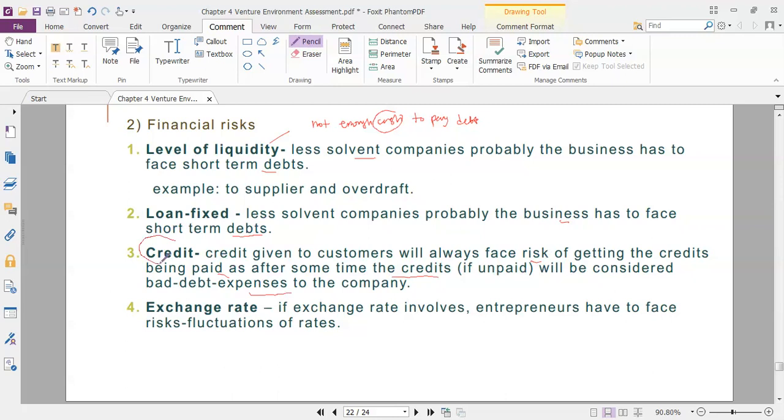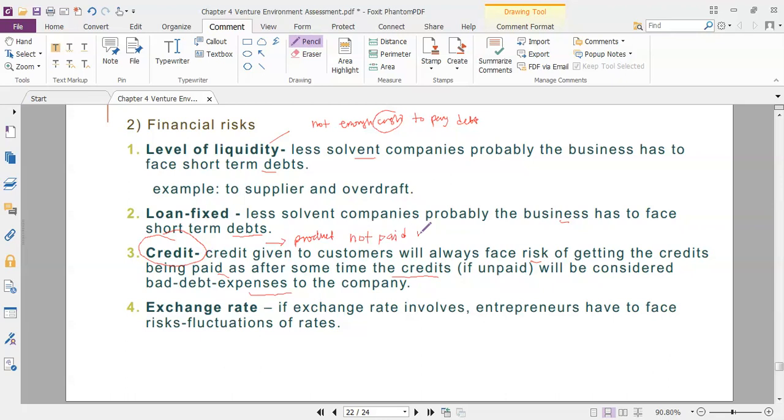This is one of the financial risk. For example, if you offer the customer to buy on credit, it means that you give the customer your product, but then the customer will not pay yet. That we call it as credit, not paid yet.